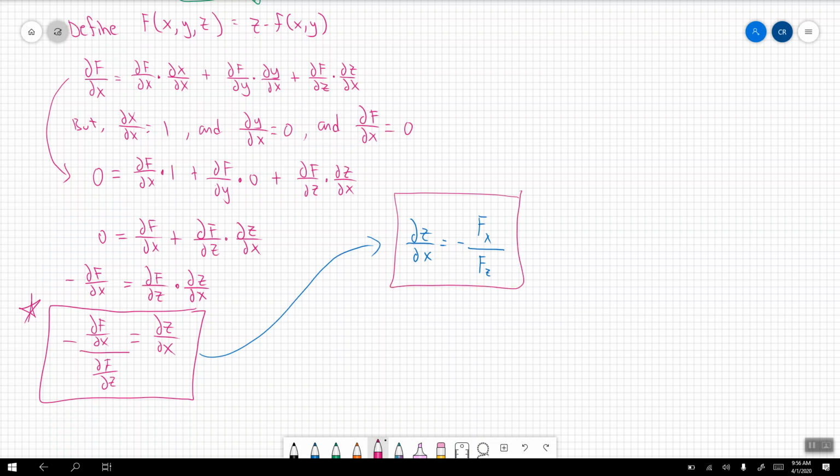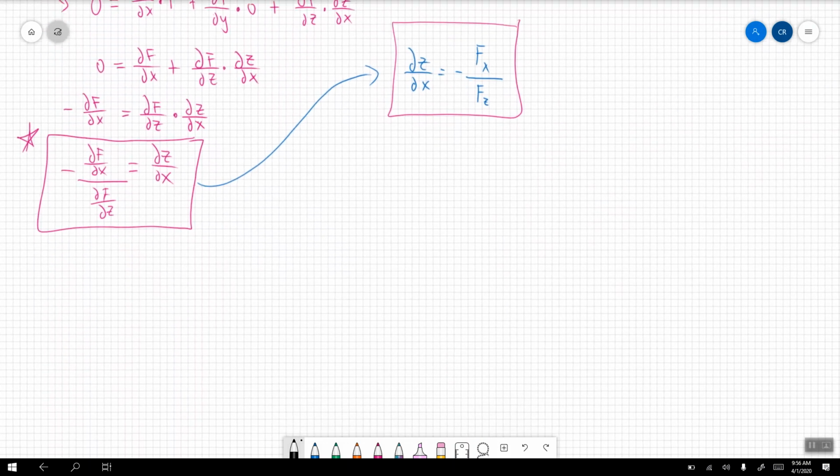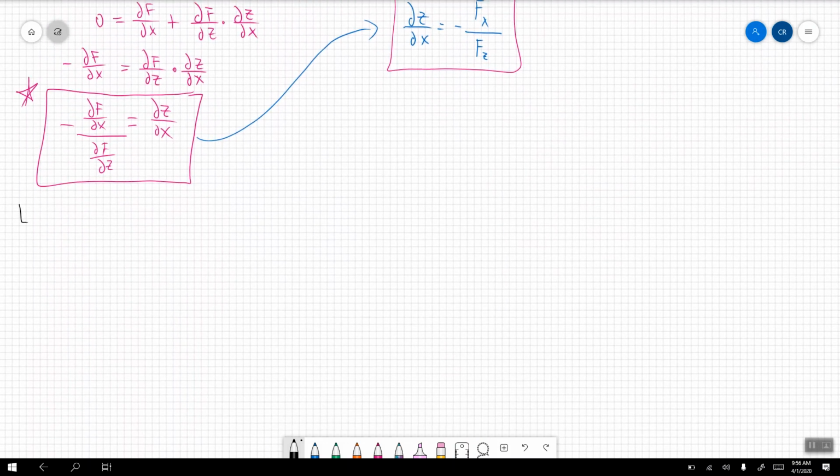Now, this is where it gets interesting, because again, the way that we defined the partial of z with respect to x was by creating this new function. So, using this newfound process, we're going to find that partial derivative that we were looking at right at the end of the last section.